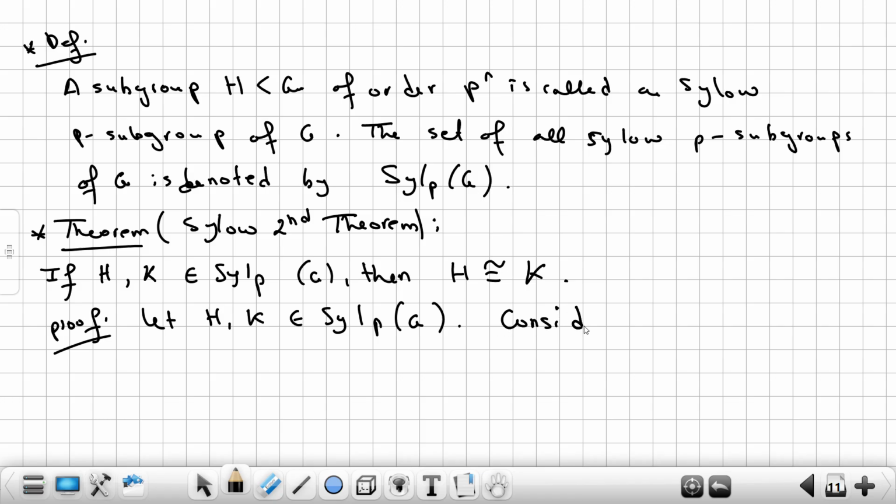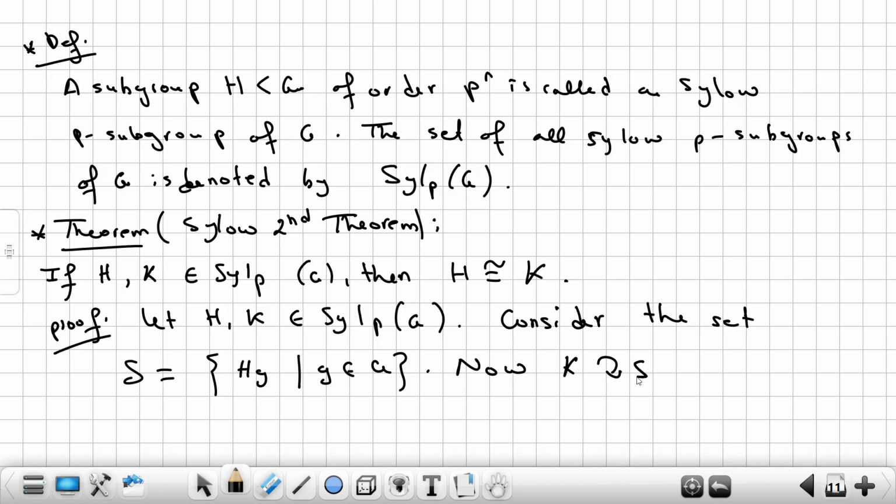Consider the set S defined by Hg such that g in G, the set of right cosets of H in G. Now K acts on S via phi.